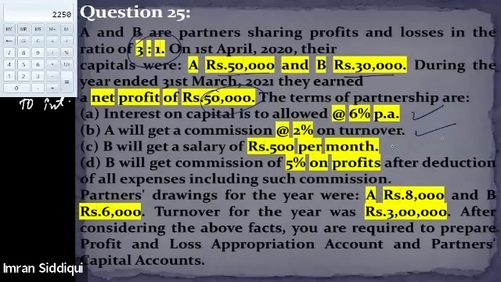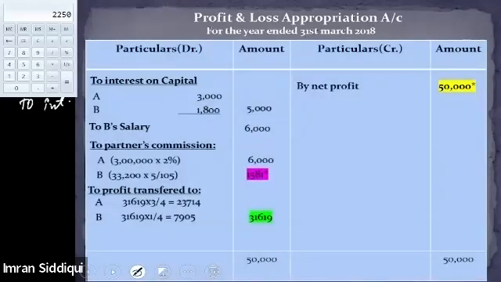B will get a salary of 5,000 per month. B will also get a commission of 5% on profit after deduction of all expenses, including such commission. Partners' drawings for the year were 8,000 for A and 6,000 for B. Turnover is also given, 3 lakh. After considering the above facts, you are required to prepare the P&L appropriation account and the partners' capital account.